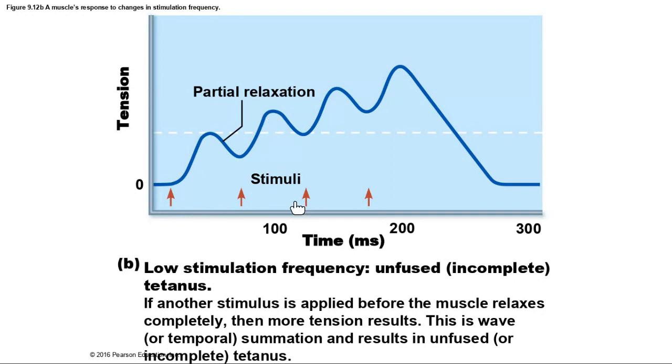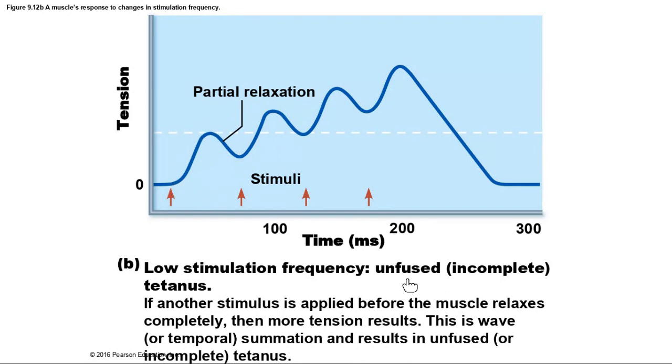Whoa, look, we have another stimulation. So again, we don't have a full relaxation period. Now, if you have this increase in the number of stimulations over a short period of time, you're not going to get full relaxation. Instead, you're going to get a tetanus, okay? What you think of as a spasm. We've all had that happen.